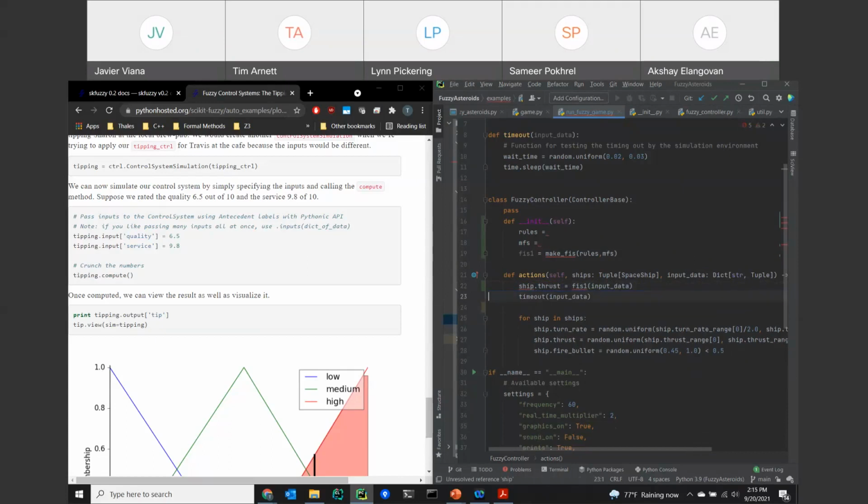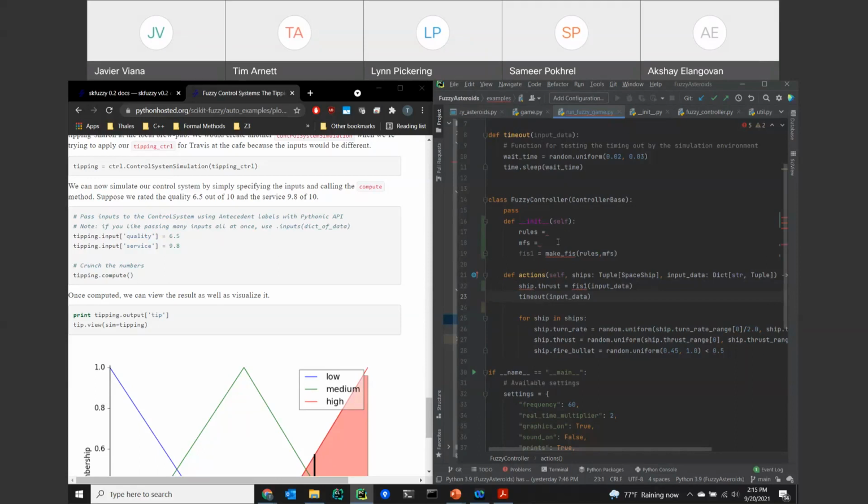So let's say that you wanted to have high thrust depending on where an asteroid was. You could do this by creating a FIS that took in whatever aspect of the asteroid you care about. So, maybe it's asteroid distance, direction relative to your ship, etc. And its velocity data.